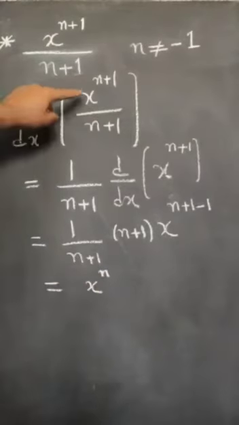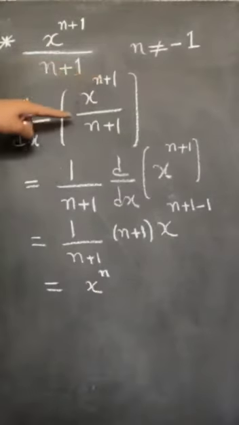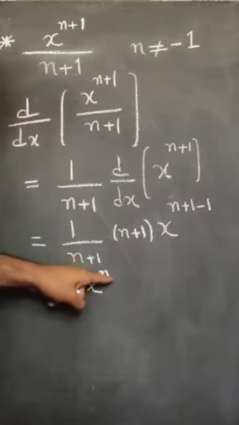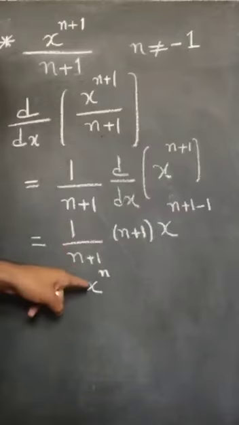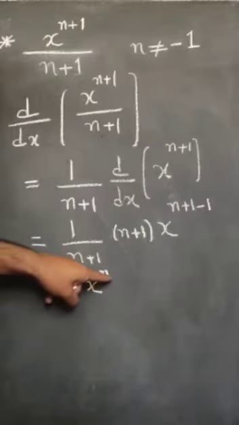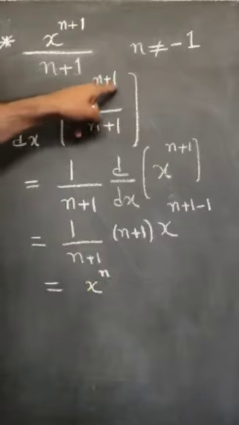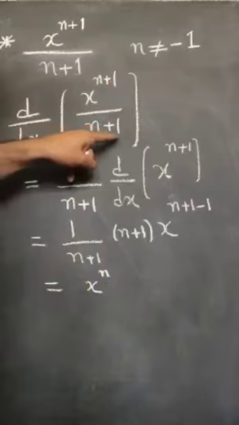Now differentiation of x raised to the power n plus 1 divided by n plus 1 is equal to x raised to the power n. That means the antiderivative of x raised to the power n is equal to x raised to the power n plus 1 divided by n plus 1.